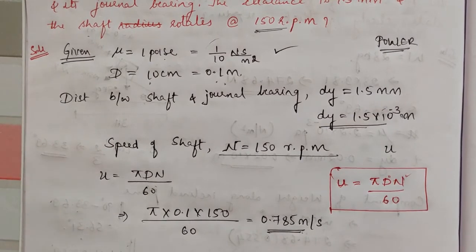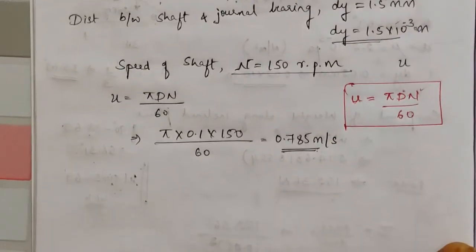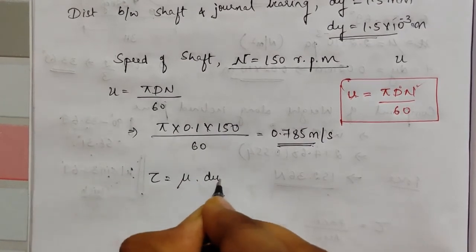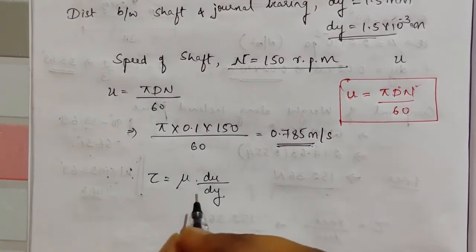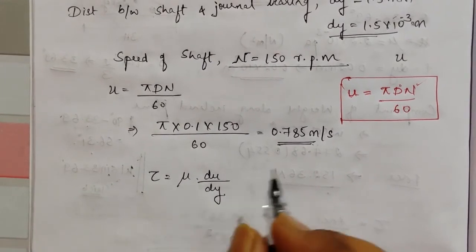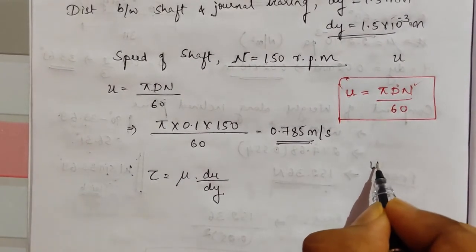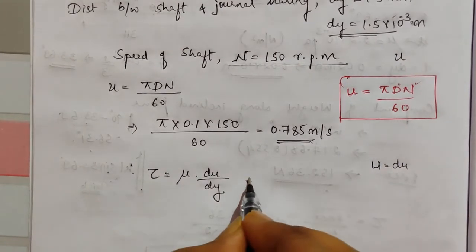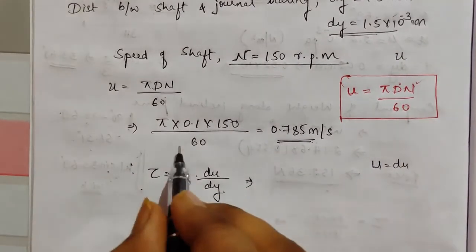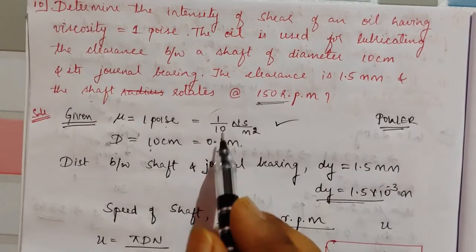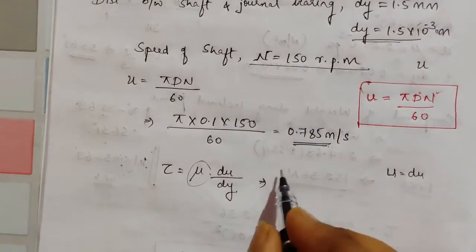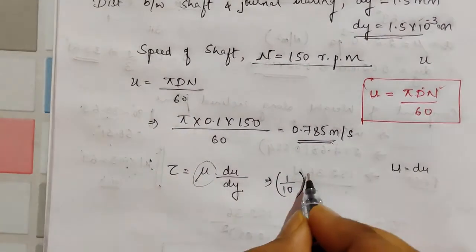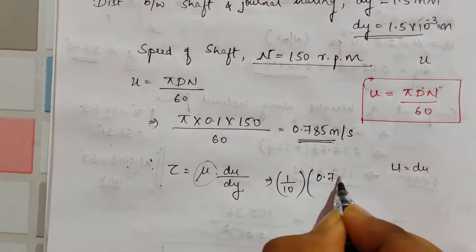Which formula do we know? We know only one formula, that is tau is equal to mu into du by dy. Here also we don't know the initial and final velocity, so I'll take u as du only. The viscosity is already given, the value is 1 by 10. Into du, what is the value of du? 0.785.